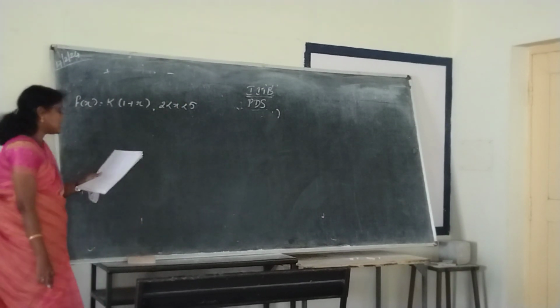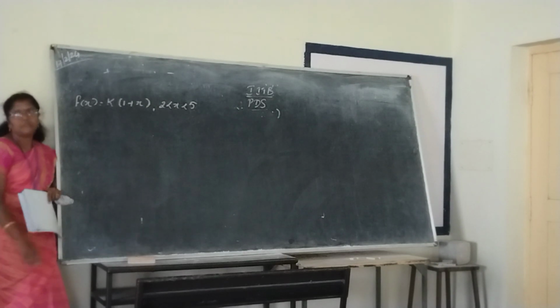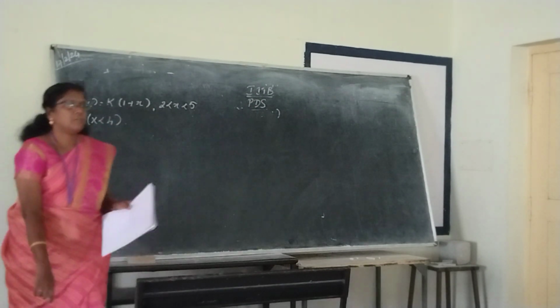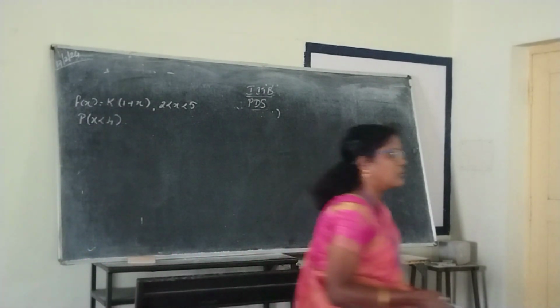Find k and the probability of x less than 4.